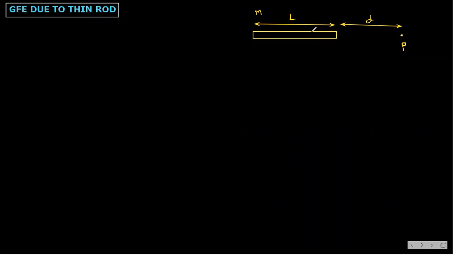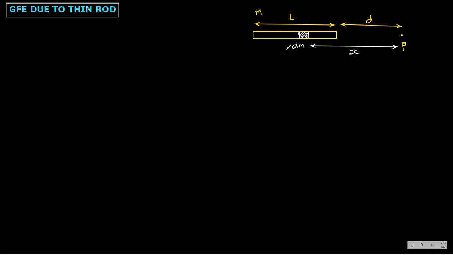Now what I am doing, see, I am taking one small mass, dm, that is a part of this rod, and I am taking the distance of this point mass from point P as x.